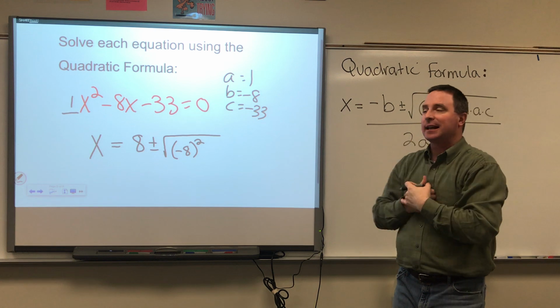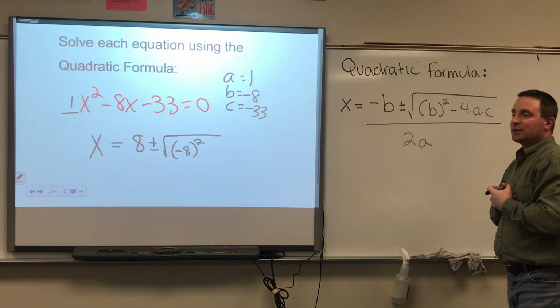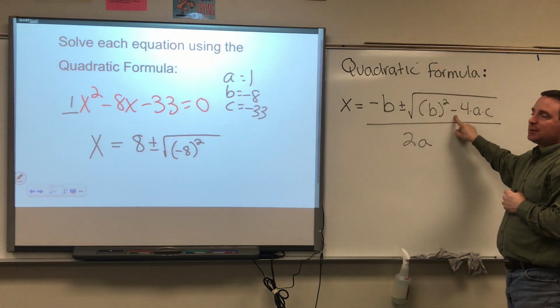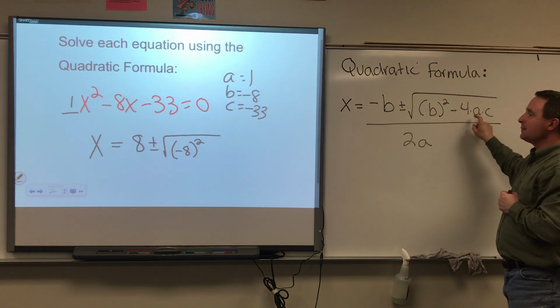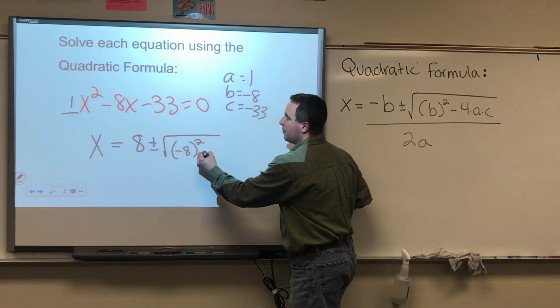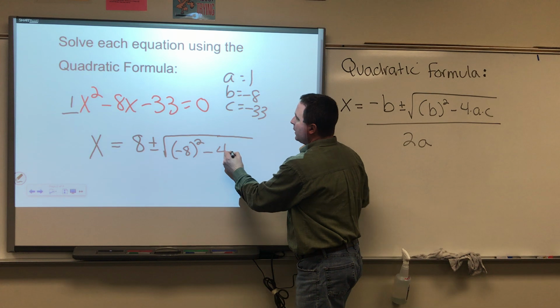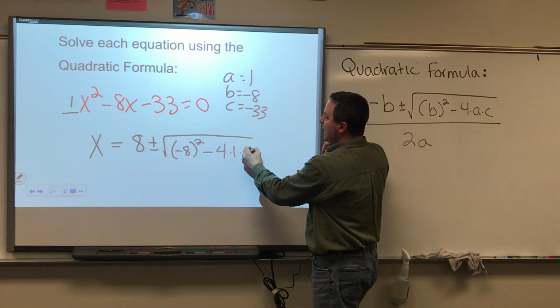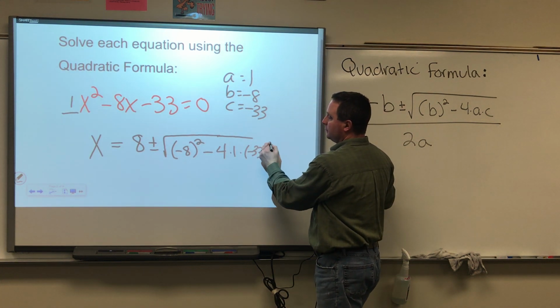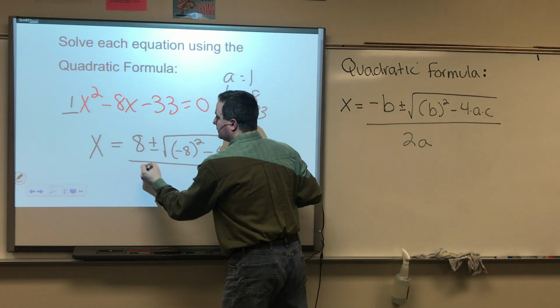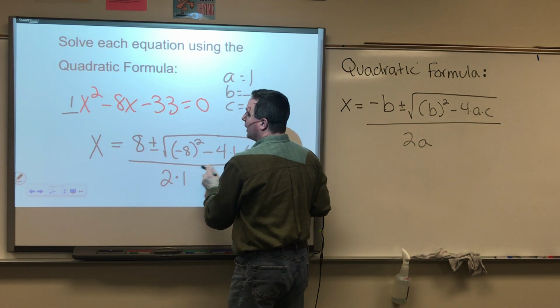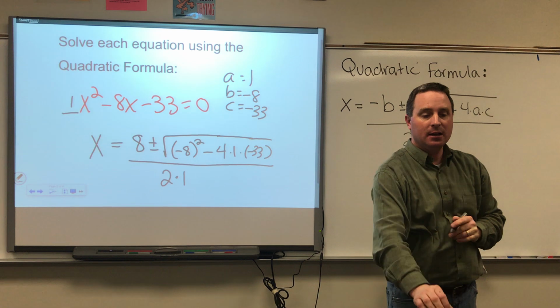Putting the negative sign in parentheses ensures that it's positive. So we have negative 8 squared, minus 4 times 1 times negative 33, all over 2 times 1, which is 2.